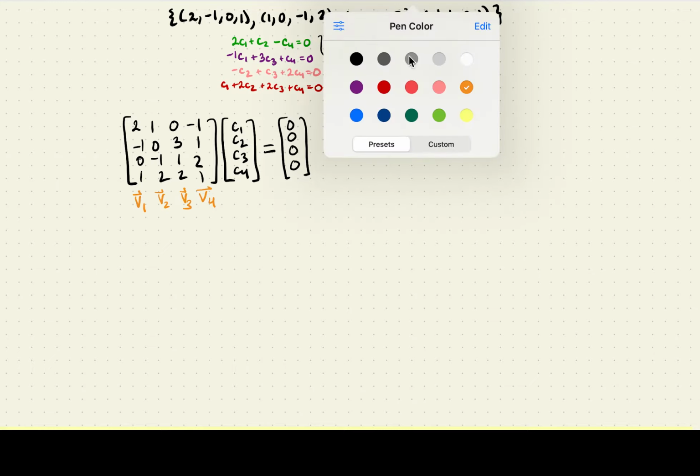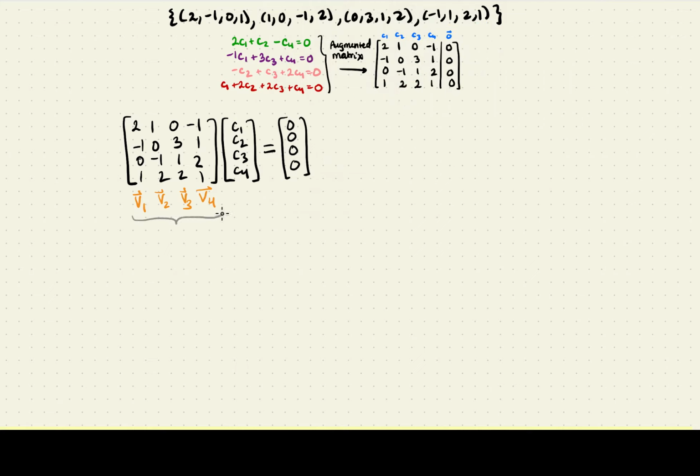And really, I can think of this as one coefficient matrix I'll call capital A. There's this vector of C values, so I'll call that vector C, and I'm multiplying that and setting it equal to the 0 vector. So again, we can ask ourselves, what can happen with this? Now I've written it as a homogeneous linear system.